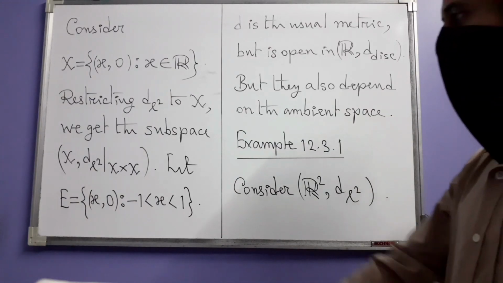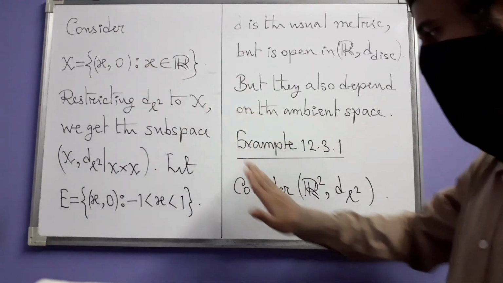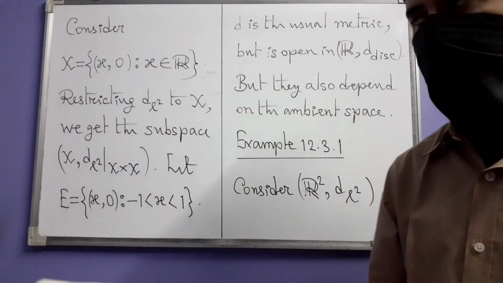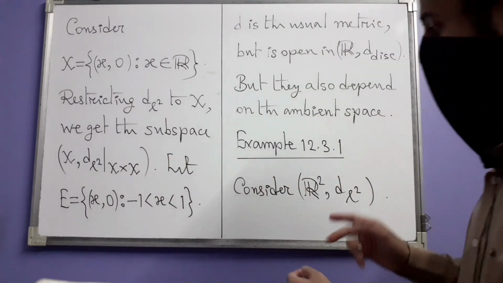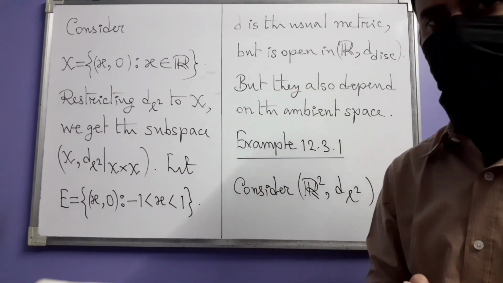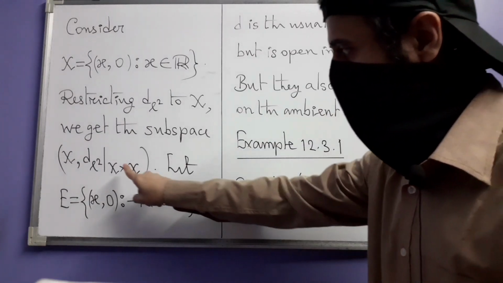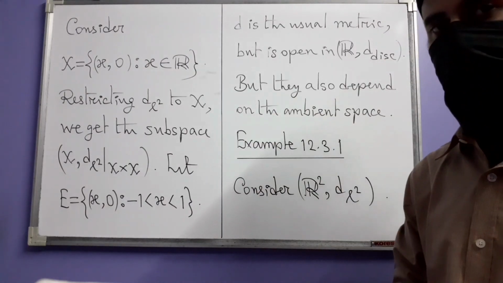Now obviously E is a subset of X, and because X is a subset of R2, E also becomes a subset of R2. In other words, E is now a subset of these two metric spaces simultaneously. Now the question is this: is E open in this and is E open in this?